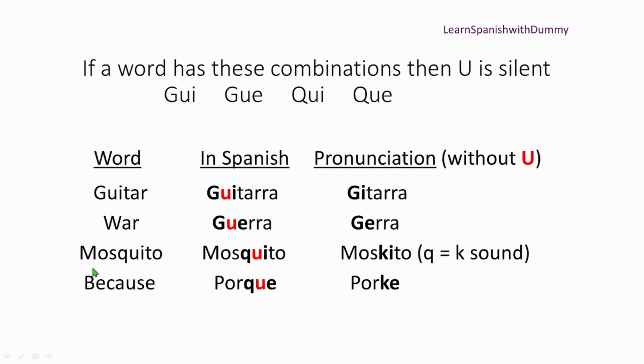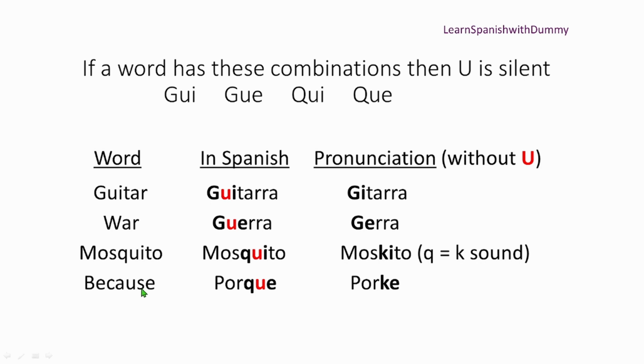We go to the next, mosquito. Mosquito in Spanish is exactly the same. Now we don't pronounce it as mosquito with the U. No, U is silent. We say instead moskito. You just forget U. Again QUI, and the rule says U is silent. We got because.